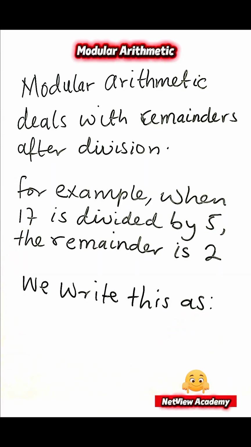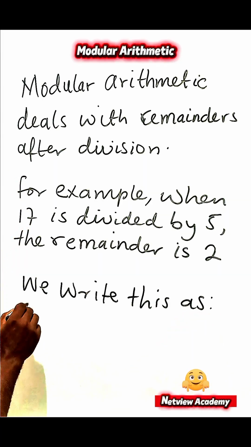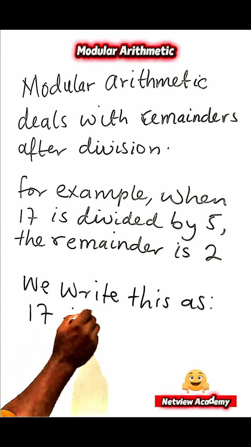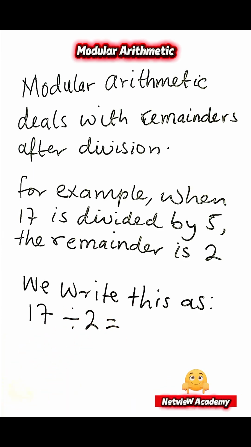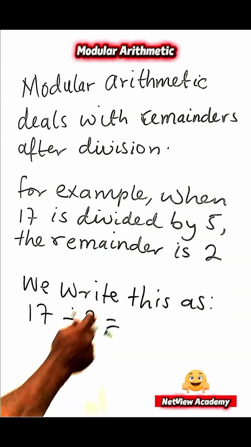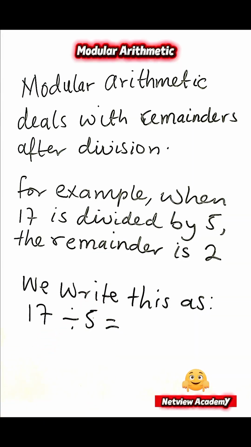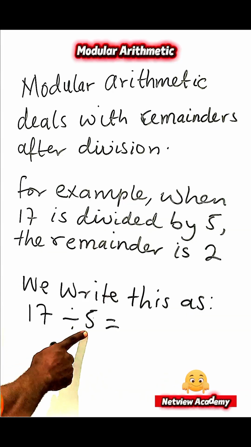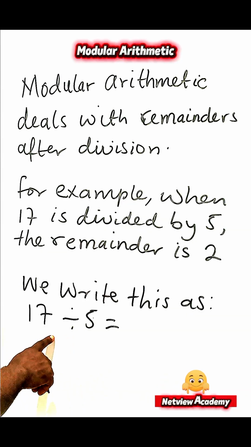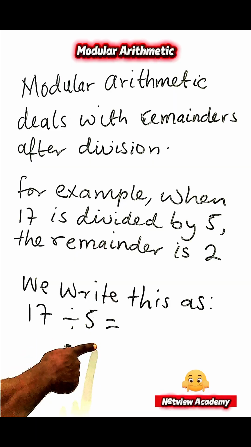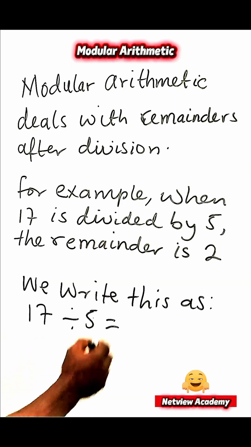So we write it as 17 divided by 5. 17 divided by 5 is 3. 3 into 15 is 3.